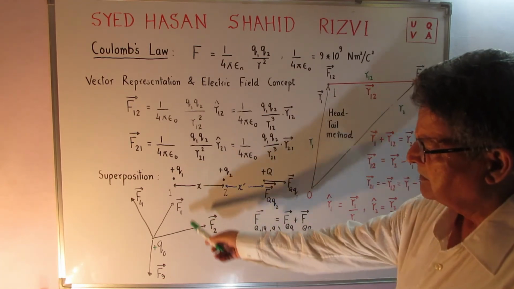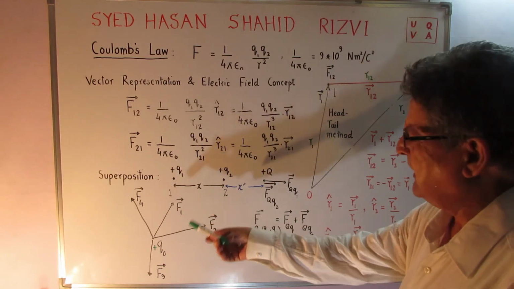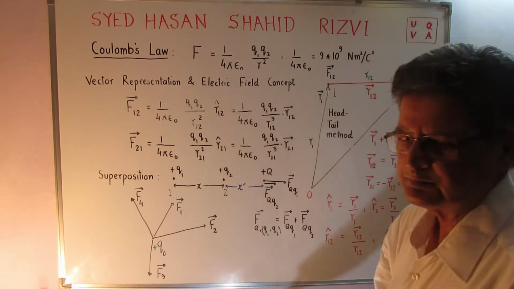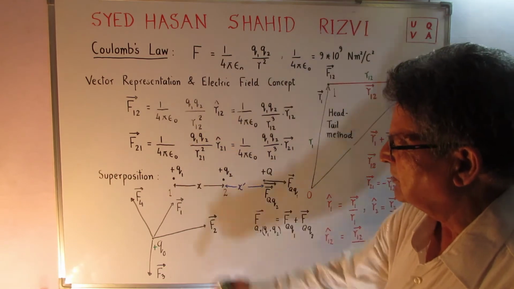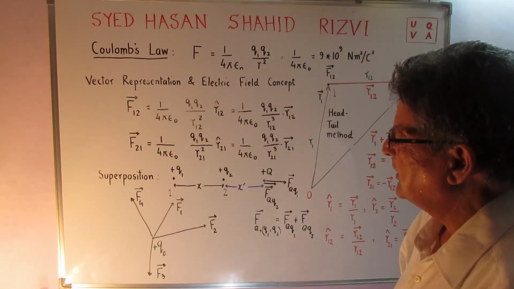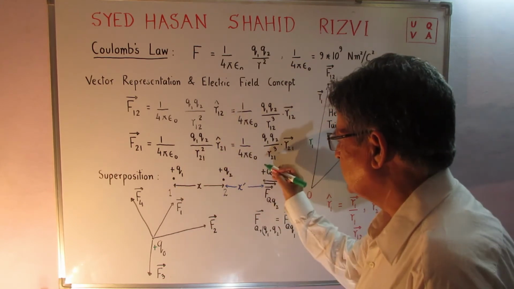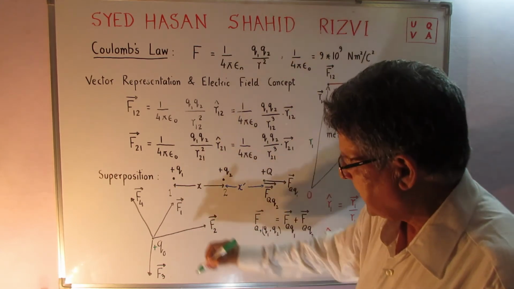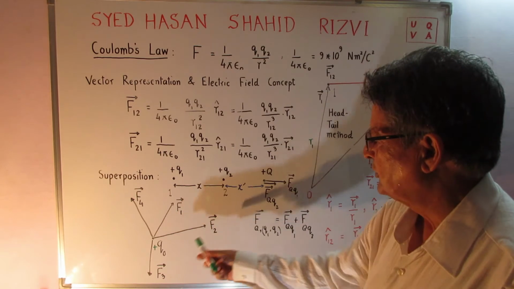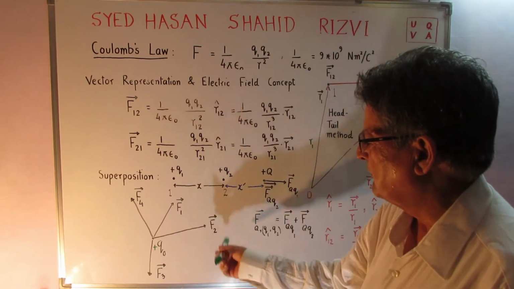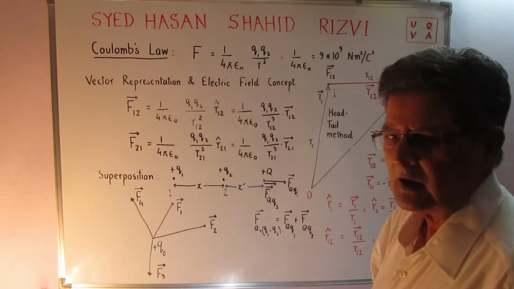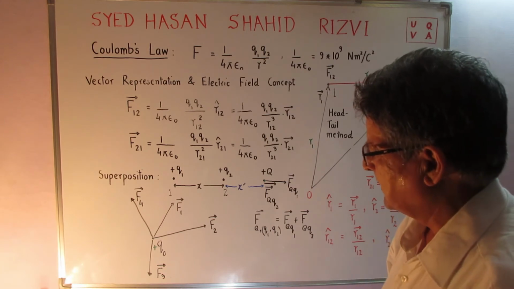There also any set of vectors have to be added according to the vector law of addition, and I get a resultant, of any of these forces F1, F2, F3, F4, F5, F6, F7, and so many multiples like that.